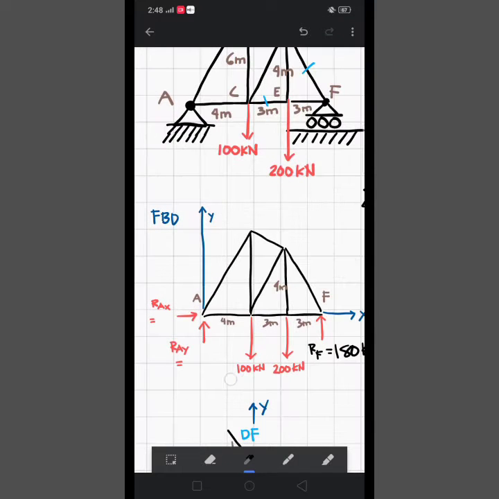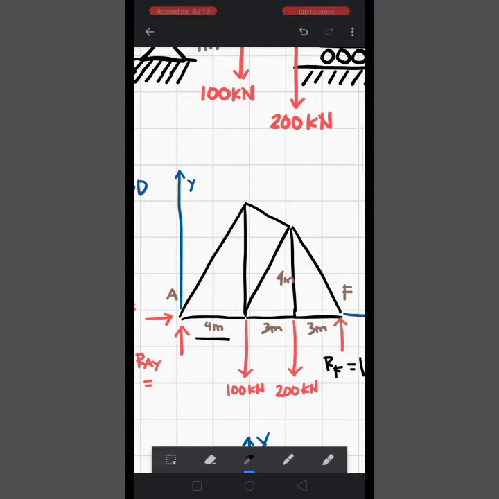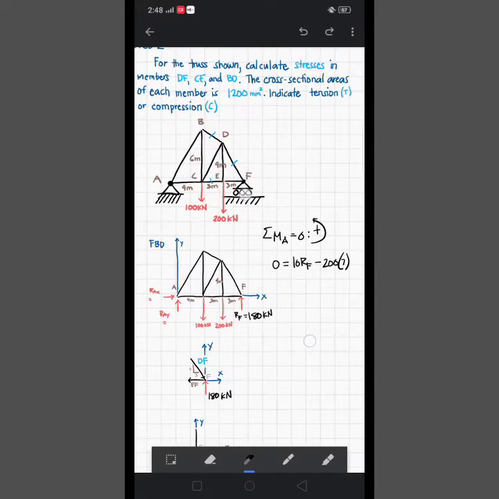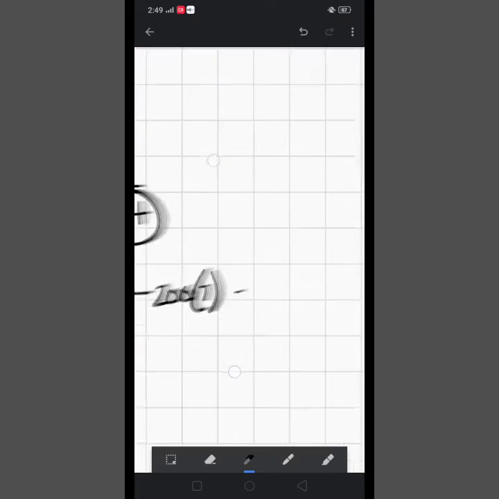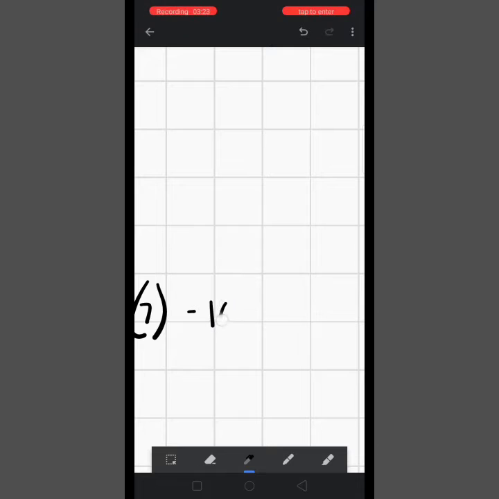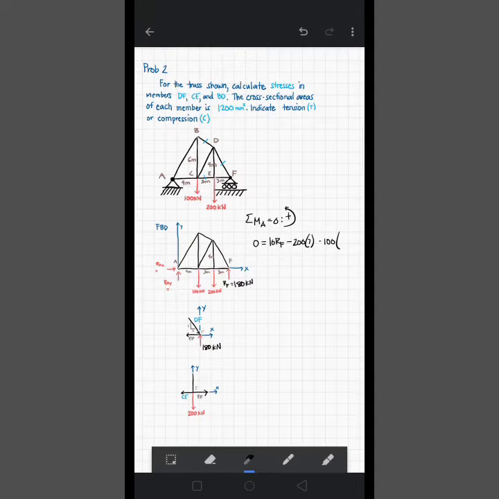And then the 100 kilonewton force times 4 would turn the system clockwise. So still negative 100 times 4.